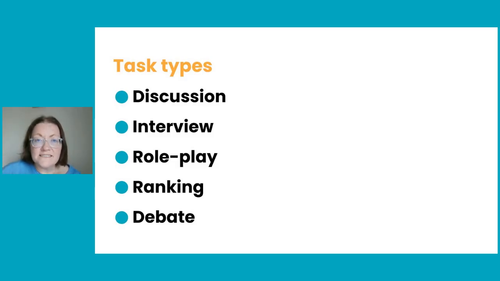Then I would say to my students, I want you to look at this list of countries and in pairs, decide what would be your top 3 places to visit. So then it turns into a discussion task, but with a purpose. They're talking about the pros and cons of each country with the aim of finding their top 3. And they've got to justify their reasons.